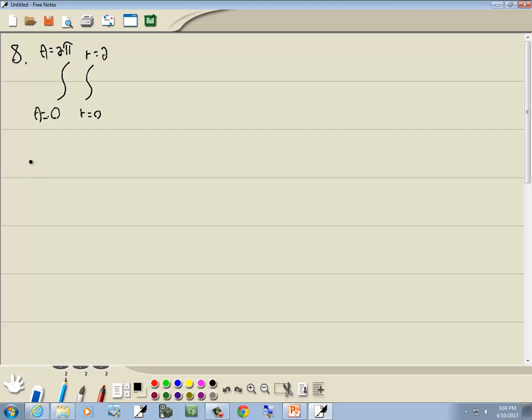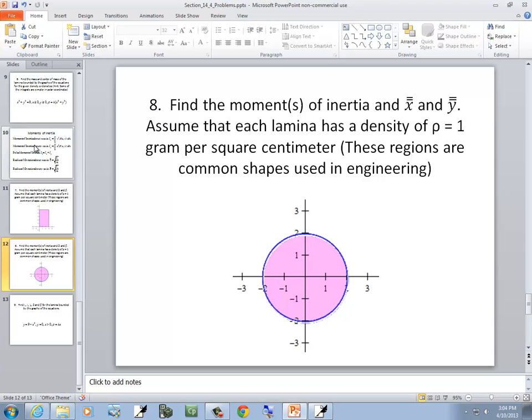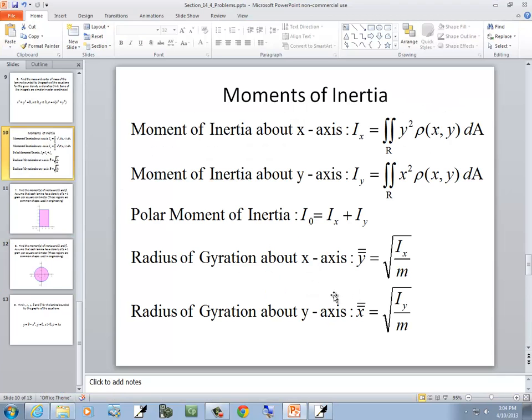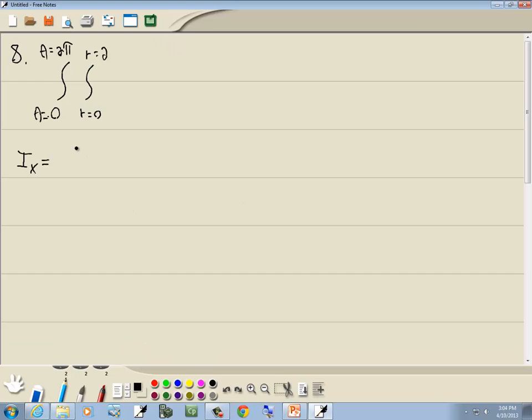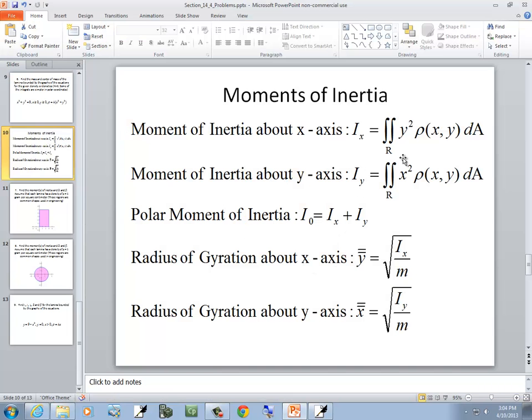Now our inertia with respect to x is this formula right here. So we need our region of integration. Theta is equal to 0 to theta is equal to 2 pi. R is equal to 0 to R is equal to 2, and we need a y squared in there.